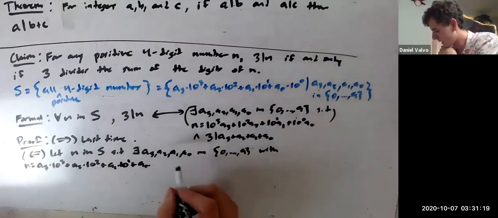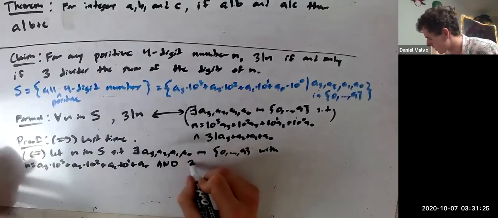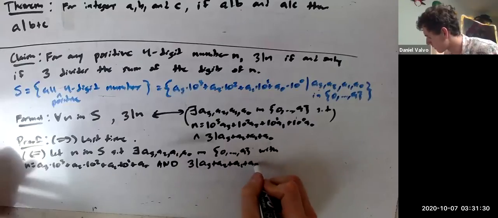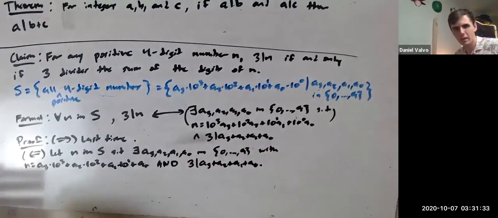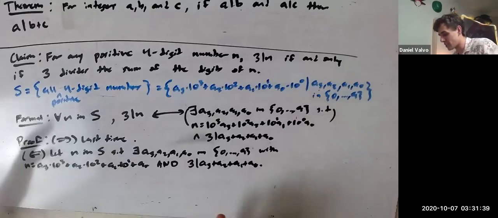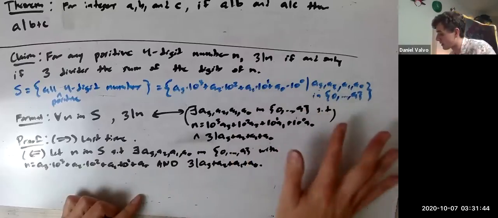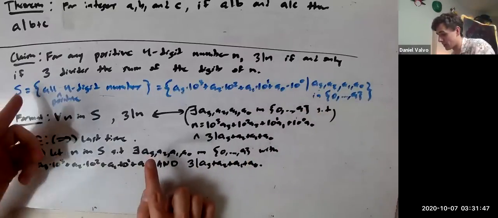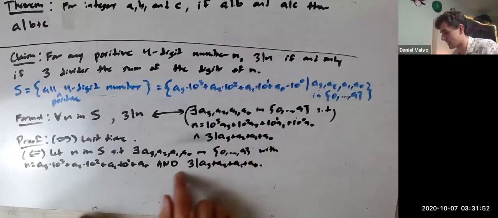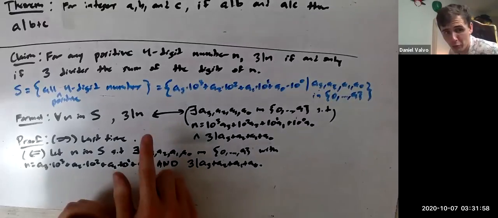All right, we have all that. And 3 divides A3 plus A2 plus A1 plus A0. So because we're proving this direction, the first thing we do is just let n be an arbitrary, particular element in S, where all this is satisfied. Where n can be written this way, which everything in S can, and 3 divides the sum of the digits. That's the key. 3 divides this right here. So I want to prove that 3 must divide n.